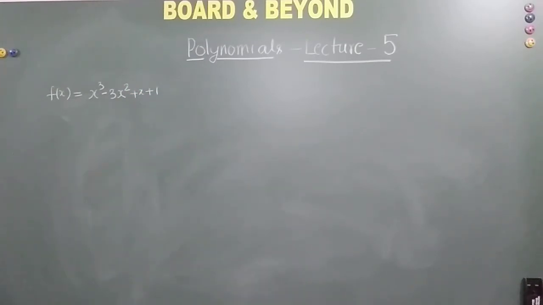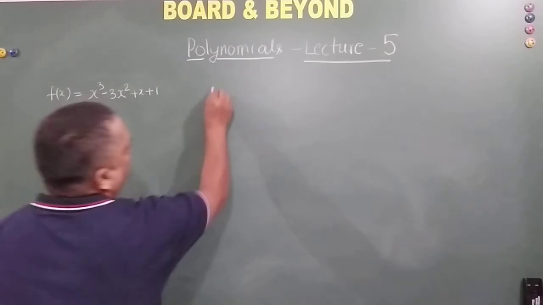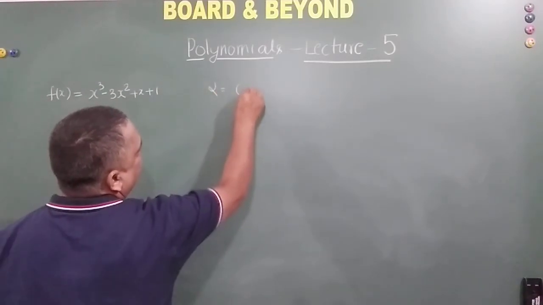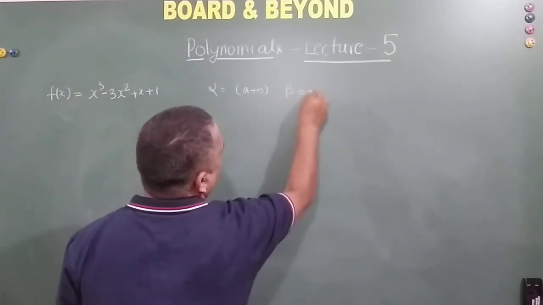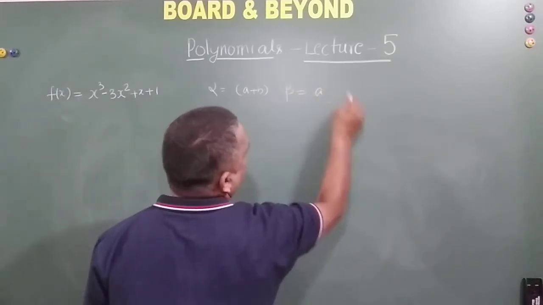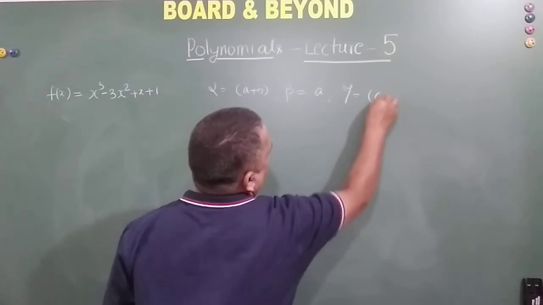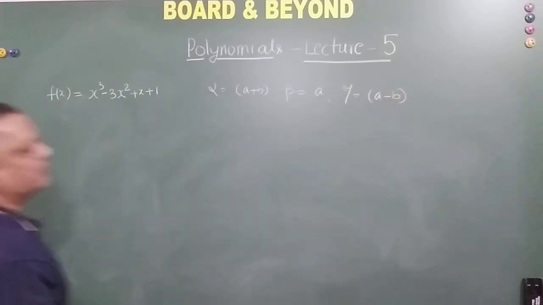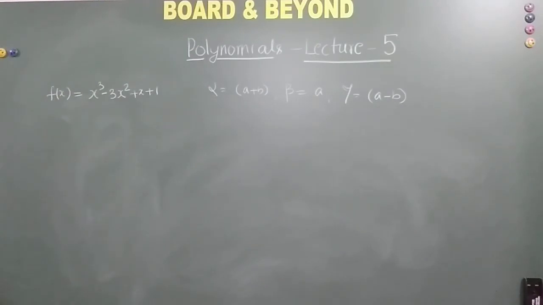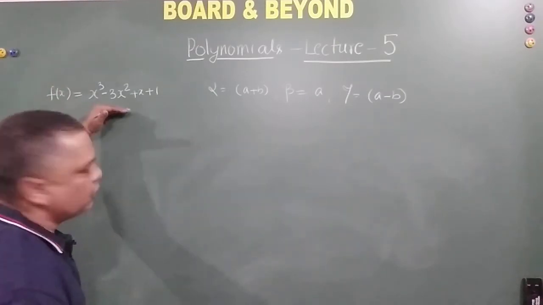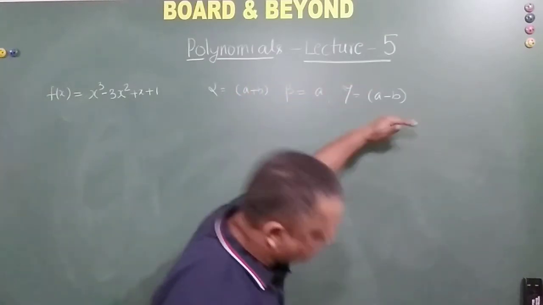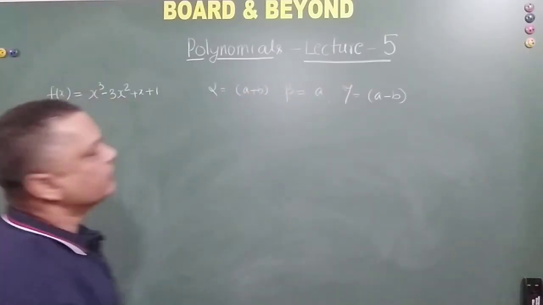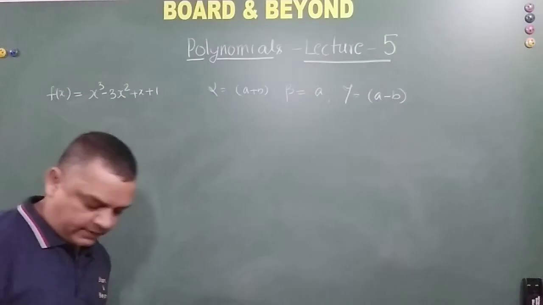This polynomial is given, and alpha is given to be a plus b, beta is given to be a, and gamma is given to be a minus b. So for this certain cubic polynomial, if the three roots are these, we need to find out the values of a and b.